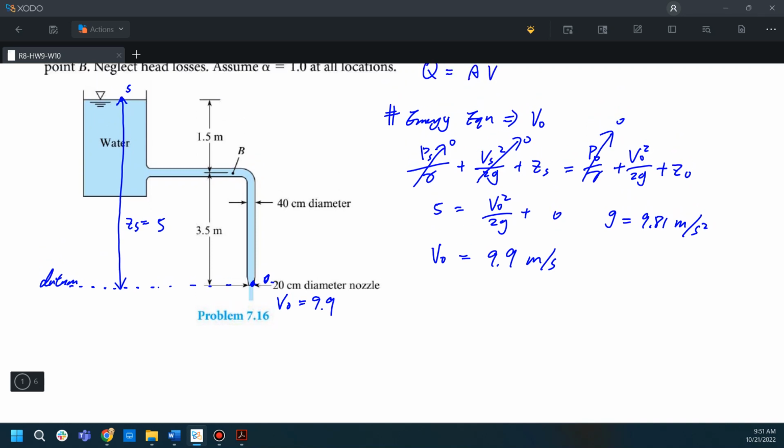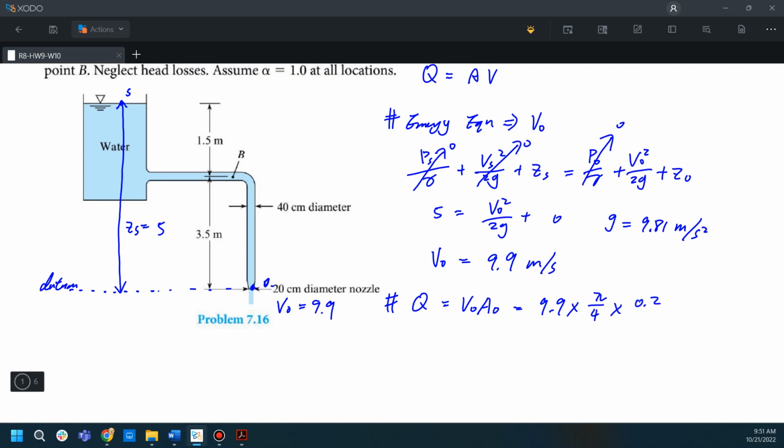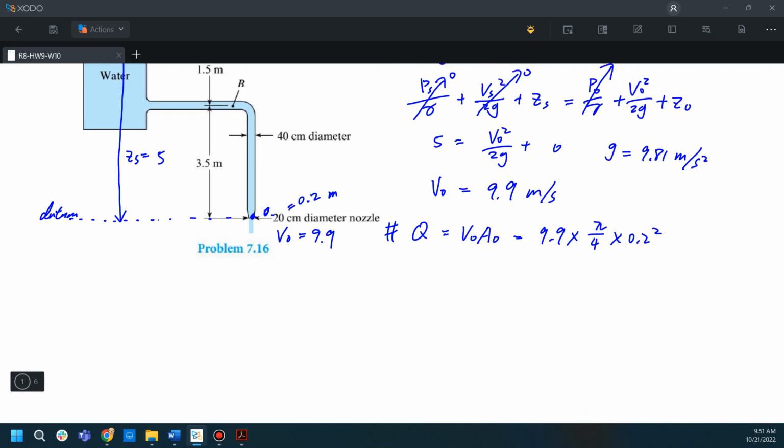Then we can calculate the flow rate for our second step. Flow rate is equal to V times A, and in this case it's 9.9 times pi over 4 times the diameter of this nozzle squared, which is 20 centimeters, that is equal to 0.2 meter.